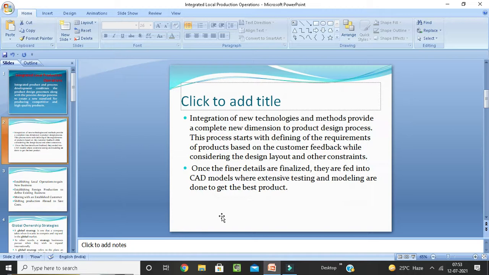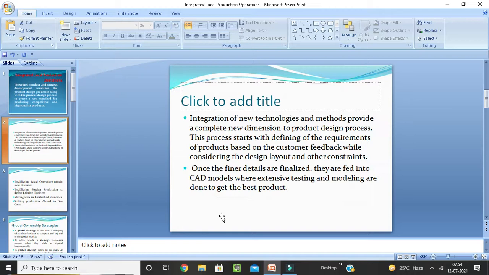Calculator, torchlight, scanner, mailing, video calling, taking pictures, uploading, downloading, and the internet came. Slowly, the technology improved by taking the feedback of the customer while considering the design. By taking the feedback, they designed the product in such a way that the constraints are matched, and they designed the product according to the process. That is the need of the integration.